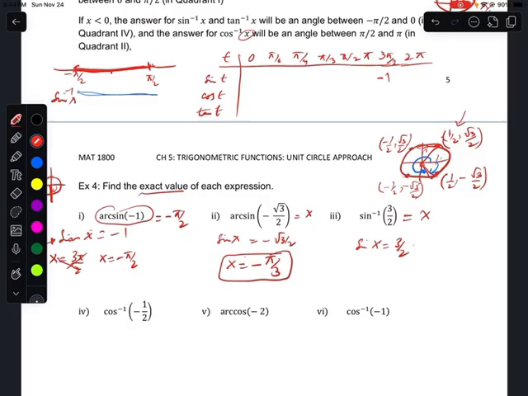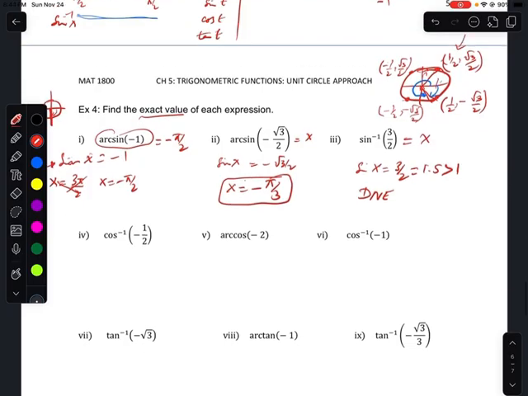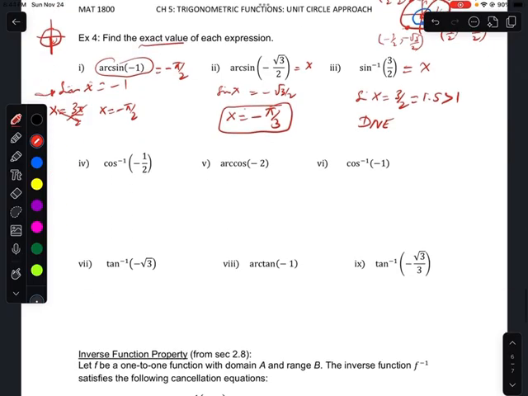The coordinates here will be negative 1/2, square root of 3 over 2. This one will be negative 1/2, negative square root of 3 over 2, and you should know what each of these represents.